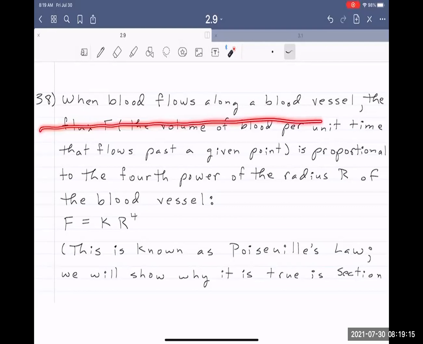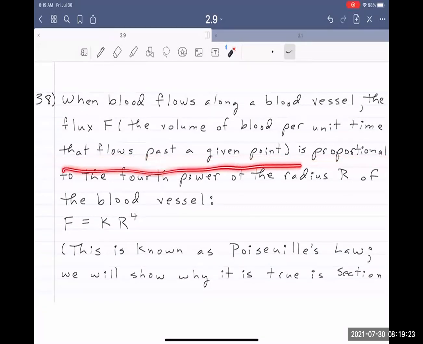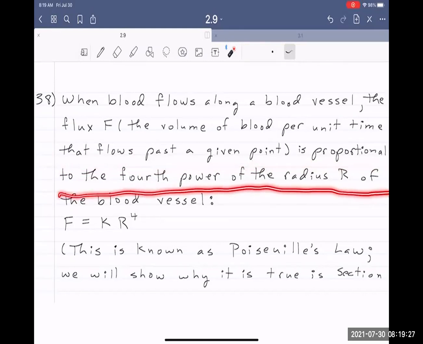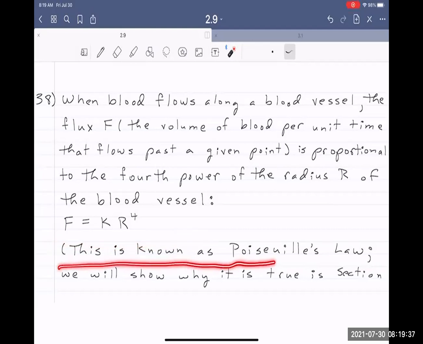When blood flows along a blood vessel, the flux F, the volume of blood per unit time that flows past a given point, is proportional to the fourth power of the radius r of the blood vessel. F is equal to K times r to the fourth. This is known as Poiseuille's law. Some French dude.